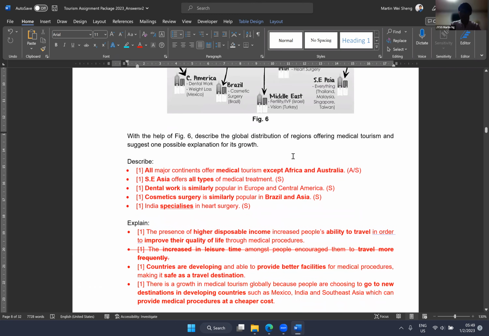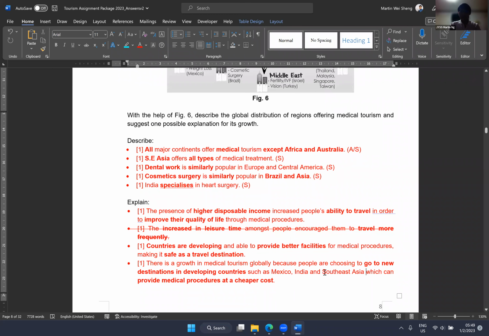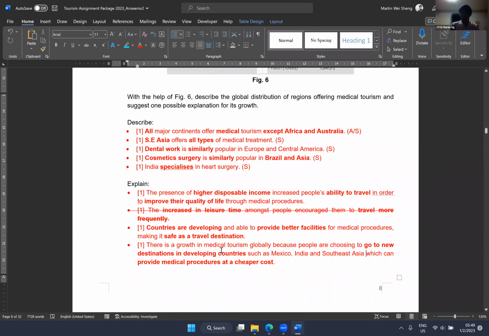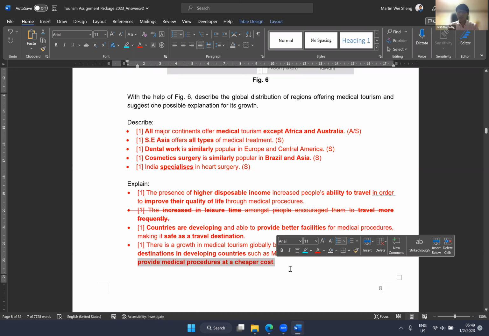All these are considered developing countries. Okay, they also provide medical procedures. So people go there for surgery because they are developing countries. So in general, the procedures are cheaper, right? And then people would travel to these places for their surgery.